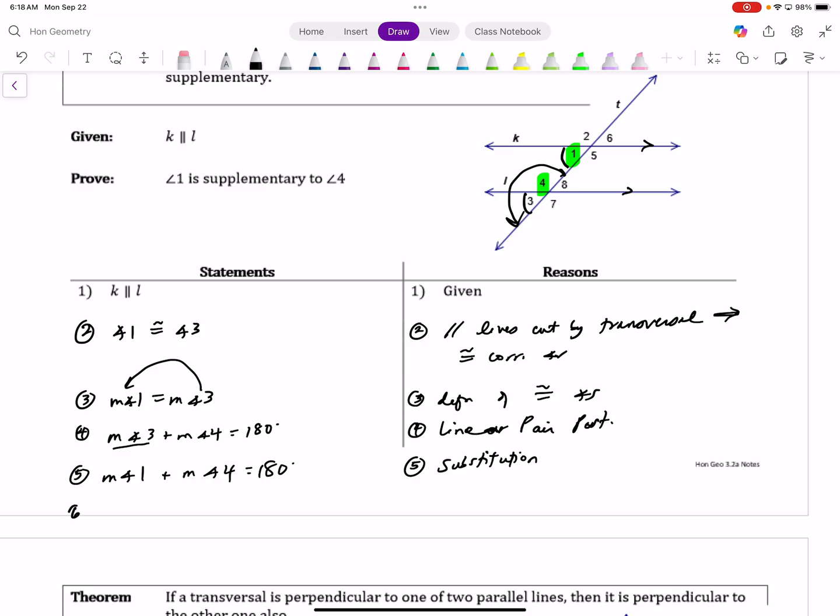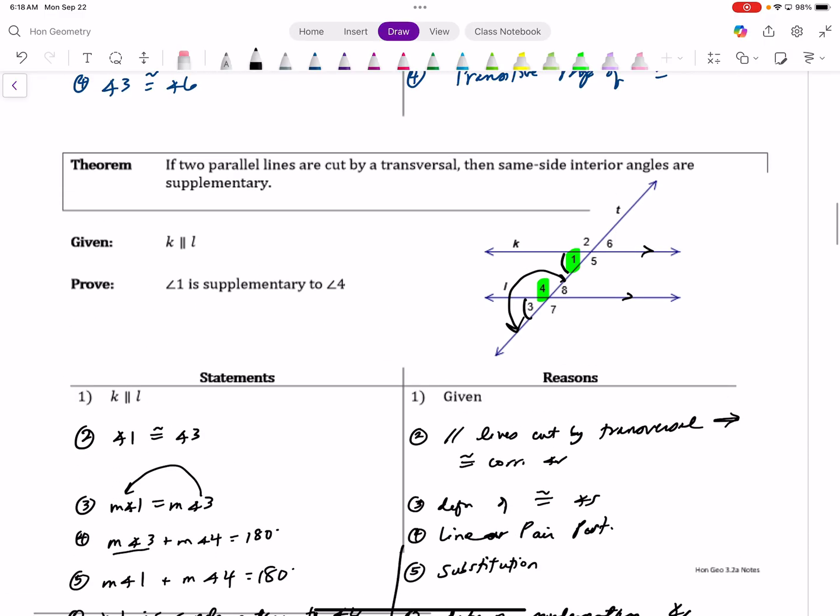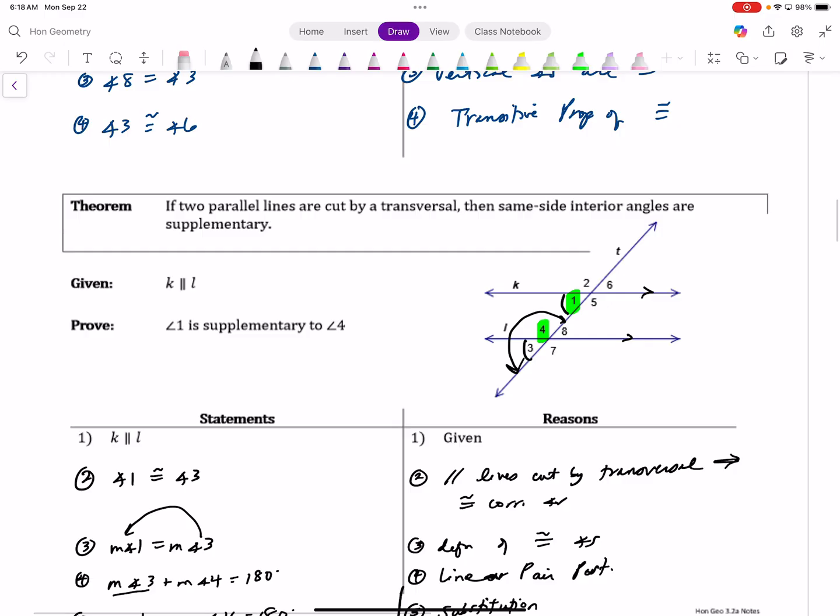So I would jump straight to what I was trying to prove, that angle 1 is supplementary to angle 4 because of the definition of supplementary angles. Okay. So again, theorem.